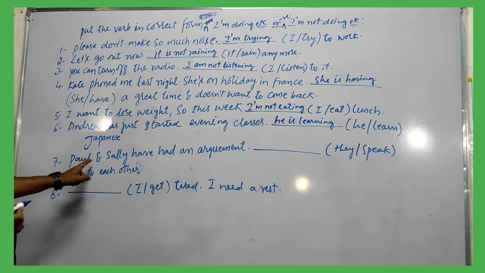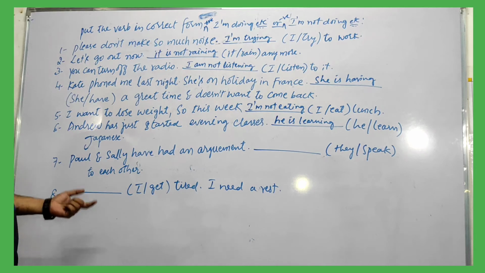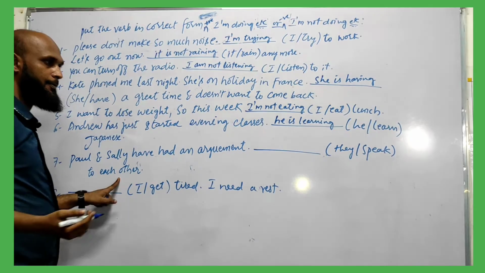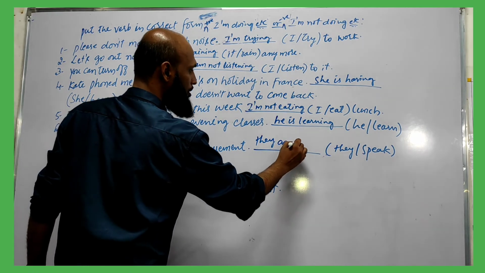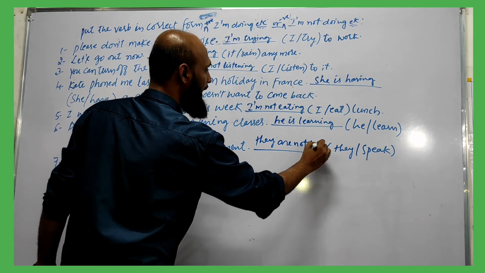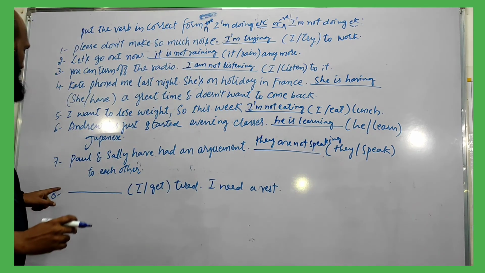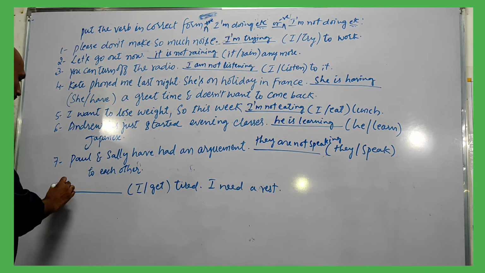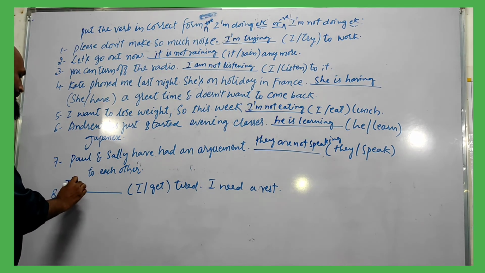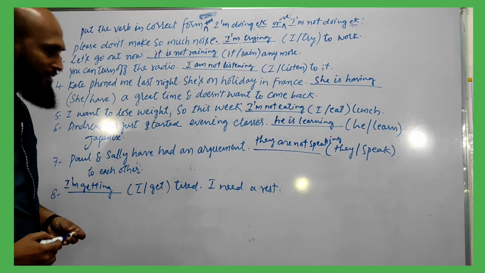Alright? Paul and Sally have had an argument, dash, they/speak to each other. You're absolutely right. They are not speaking to each other. Alright? Eight is dash, I/get tired, I need a rest. I'm getting tired, I need a rest.